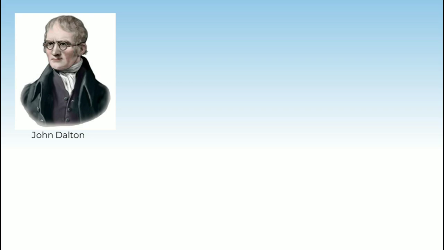Next, the atomic theory of matter was first proposed on a scientific basis by John Dalton. He was a British school teacher. It was in 1808, and so it is called the Dalton atomic theory. It treats the atom as the ultimate particle of matter.